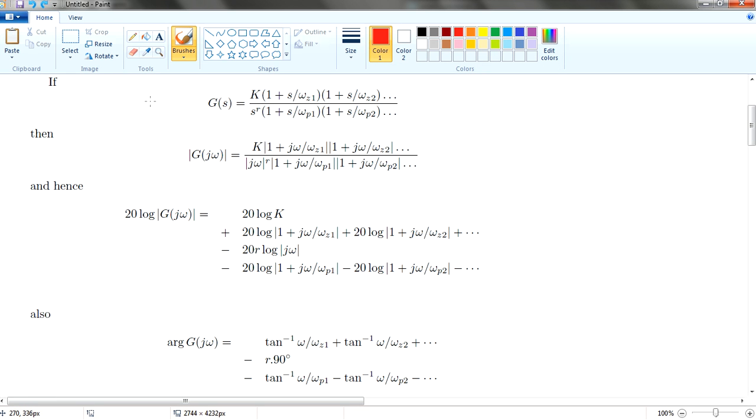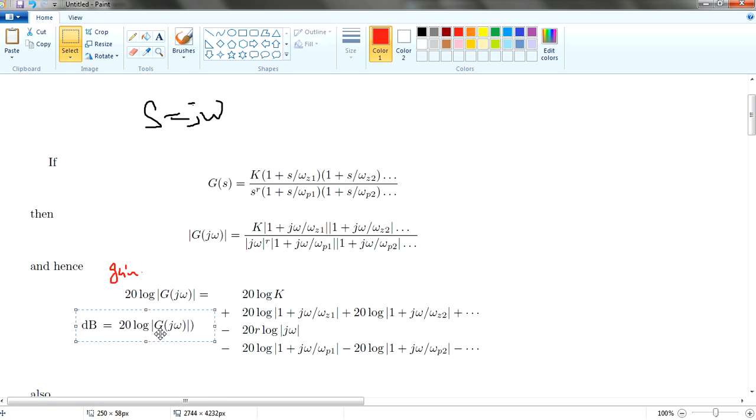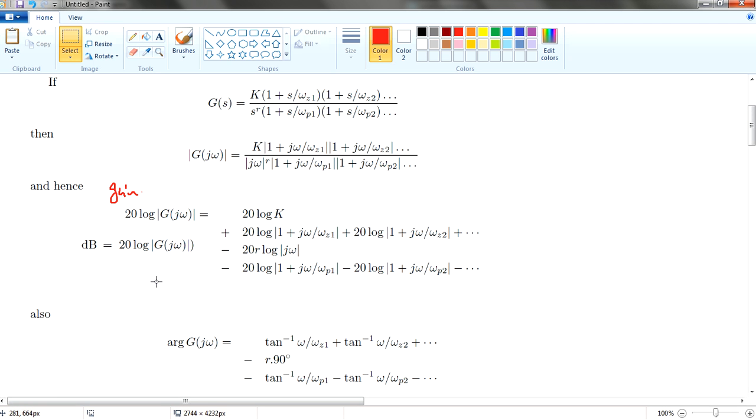So what is this now? This is actually your gain. If you remember the equation just now, this is the exact thing we're talking about. If you're going to draw a gain Bode plot, you're going to use this equation: 20 log of G, your transfer function.